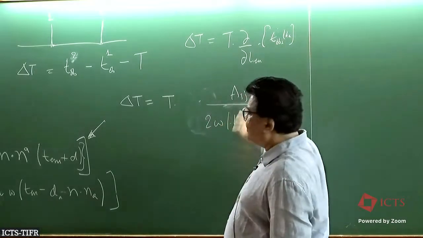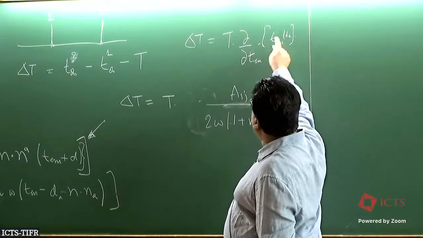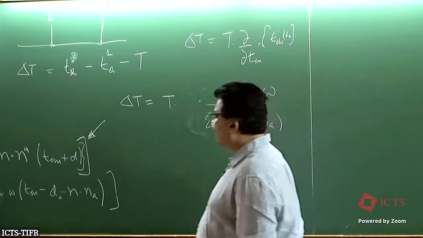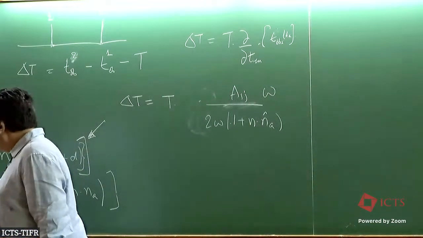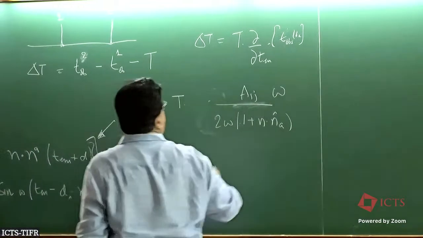Okay. So if I stick that here and take the derivative with respect to T, I will have an omega, because T emission is multiplied by omega, right? So that omega cancels.